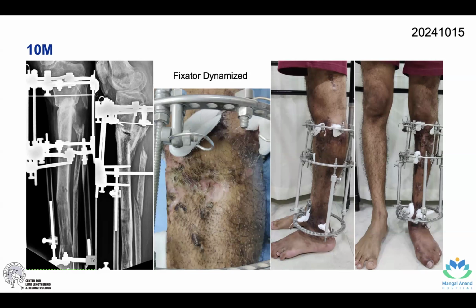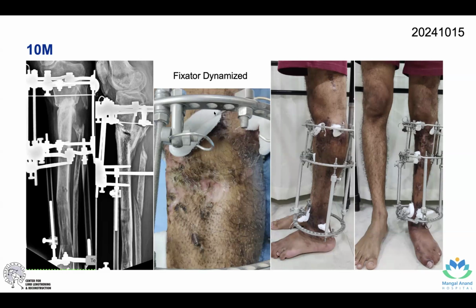When you've got a fixator on that fragment, why do you need a fibula? But we did not get perfect alignment intraop. So is it going to help? No, that is a technical error in the way that we did it. So I don't think the fibula will help you to get that alignment.